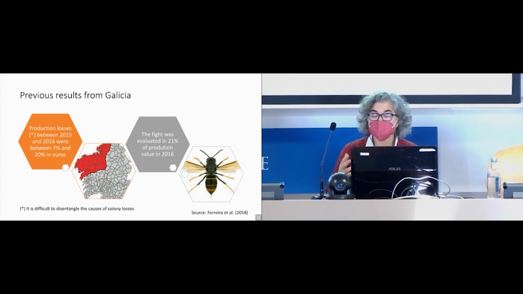But we cannot say which part of these losses were due to the Vespa velutina or other causes. What we can say is that the fight against Vespa was evaluated at 21% of production value in 2016.